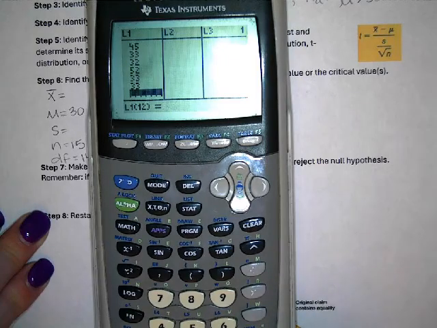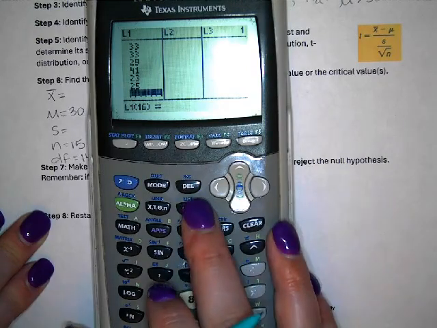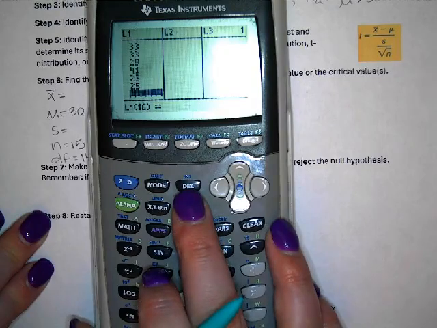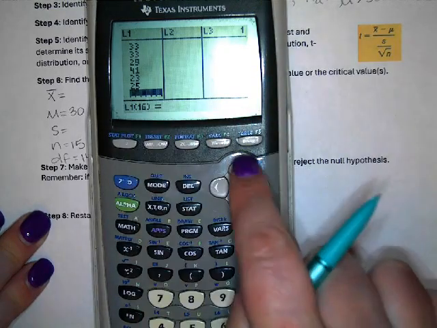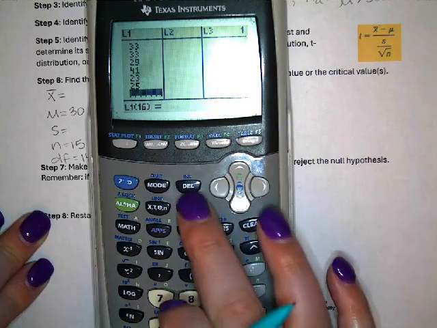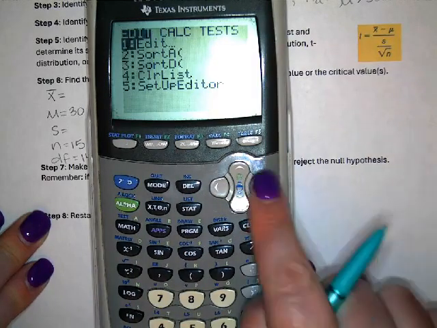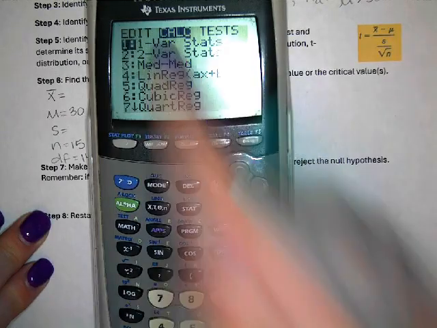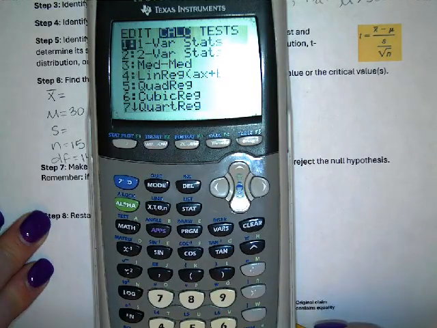And then if I hit the stat button again, it's not saying I have 16, it's saying the next number would be 16. So I only have 15 numbers. If I hit the stat button again, I can go over to calculate, and I can calculate one variable statistics. And just press enter. So X bar is 33.6.